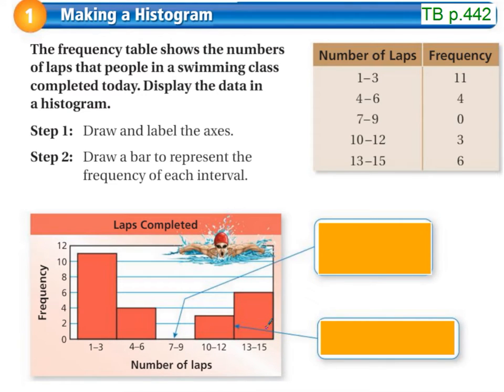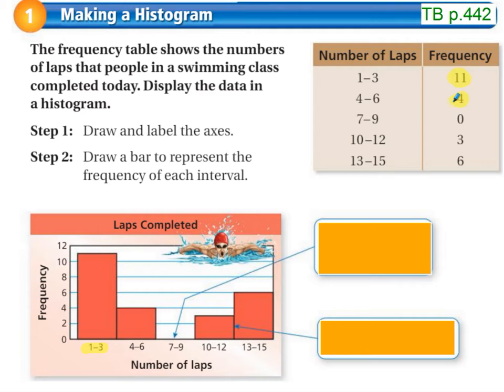Now, the frequency determines how high up your bar goes. So in the section of 1 to 3, I'm going to go ahead and highlight that here for you. The section of 1 to 3, there is a frequency of 11 right here. So the bar goes up to 11. In the 4 to 6, the frequency is 4, so it goes up to the 4.